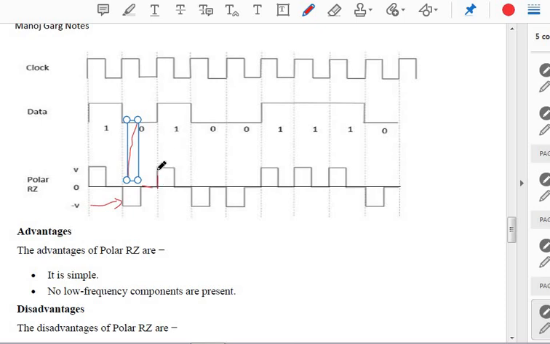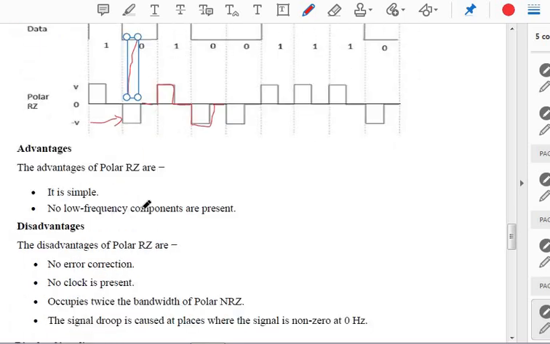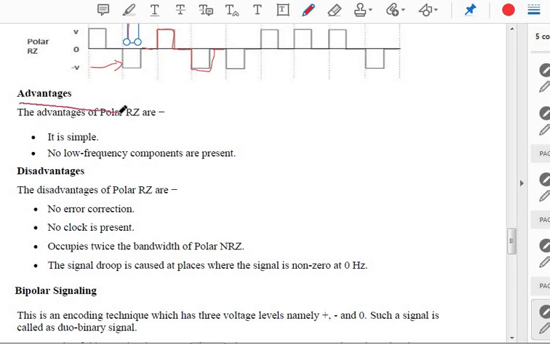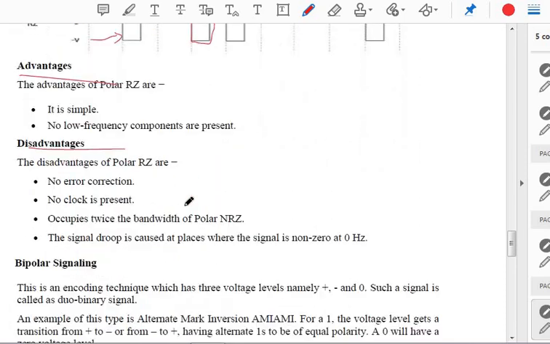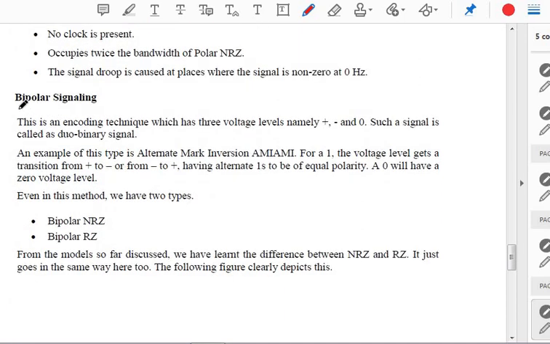So 1 is represented by positive high voltage for half duration and becomes 0 in the next half duration. Similarly, 0 is represented by negative high voltage for half duration and becomes 0 again in the next half duration. Clear? So there are some advantages and disadvantages of polar line coding.